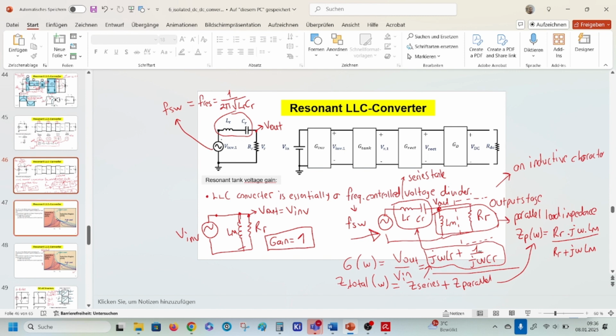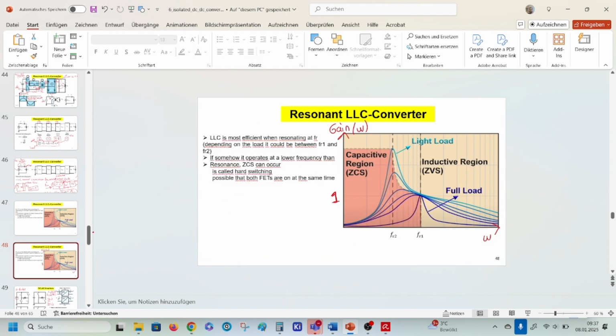as we see here, if we switch above our resonance frequency, let's say this is also a resonance frequency of our circuit, if we switch above this value, this area here is called the inductive region.